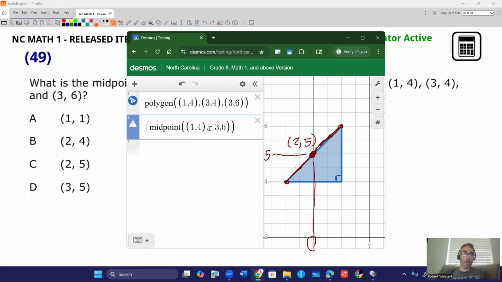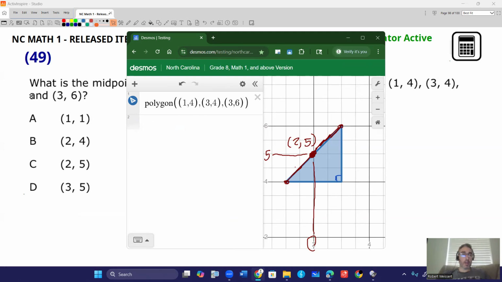Well, this failed us because it's not going to work. (1, 4) and (3, 6) just doesn't give me midpoint. Midpoint is not supported by this specific calculator. So we have to actually know the midpoint formula if you're going to do this by hand.